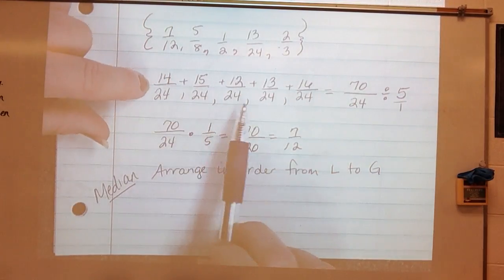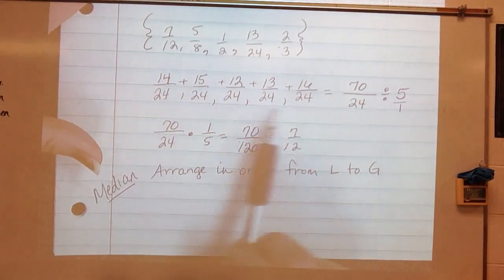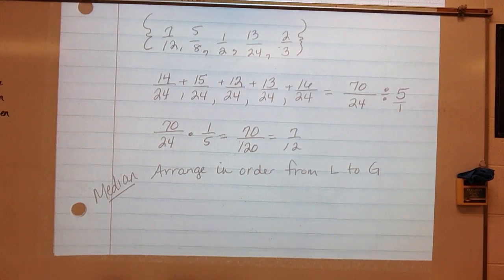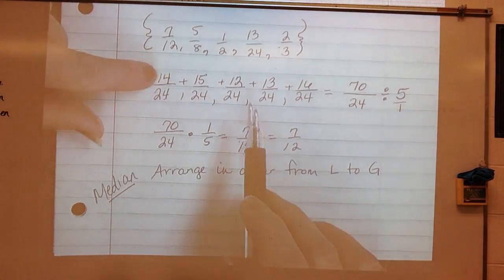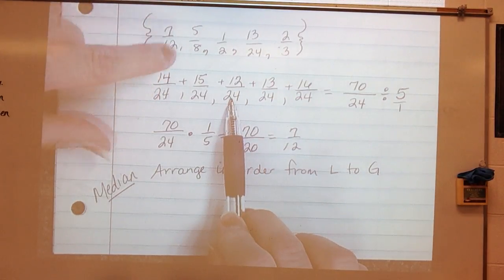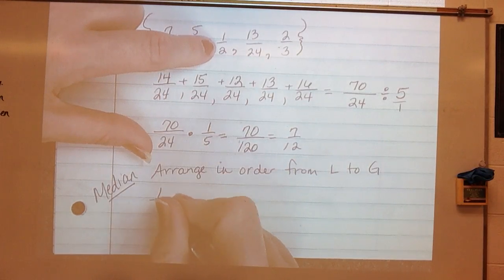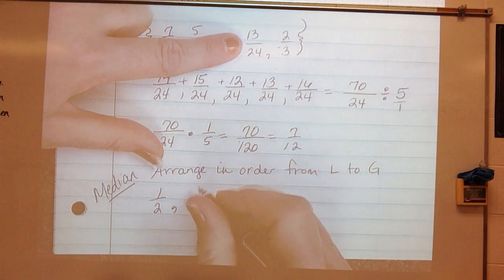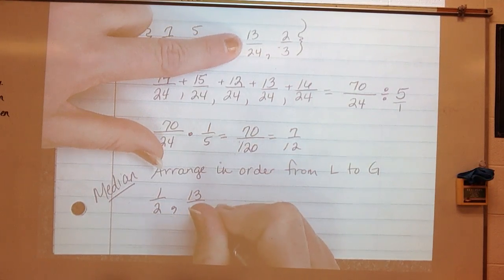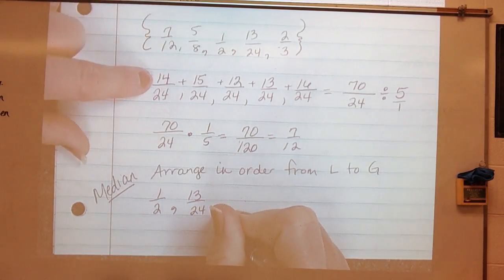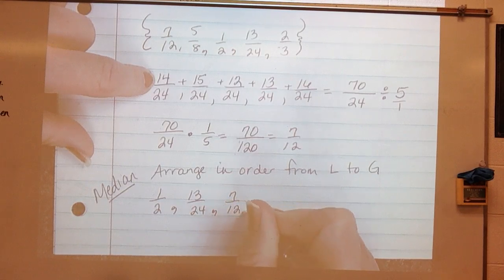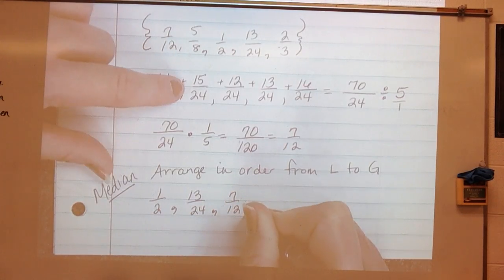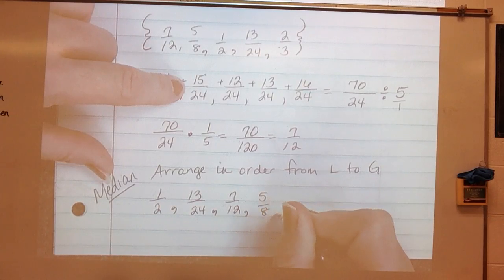Well, I've already figured out common denominator, so now I can look at which one's the smallest. So 1/2 would be smallest. Then I would go 13/24. Then I'm going to do 7/12. Then I'm going to do 5/8.